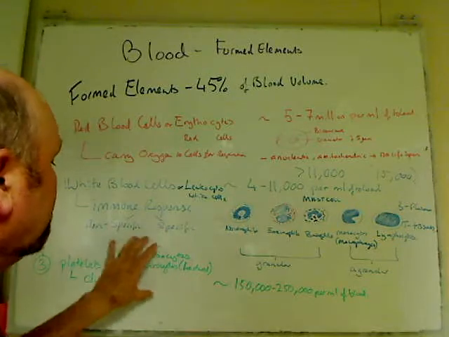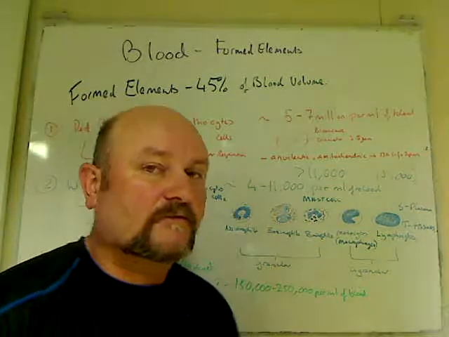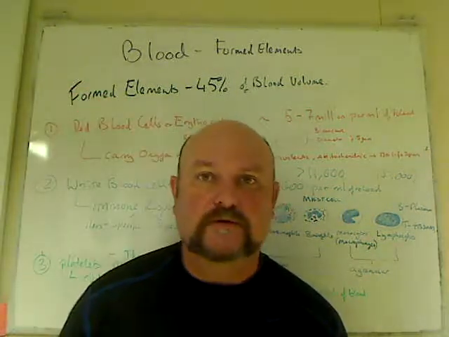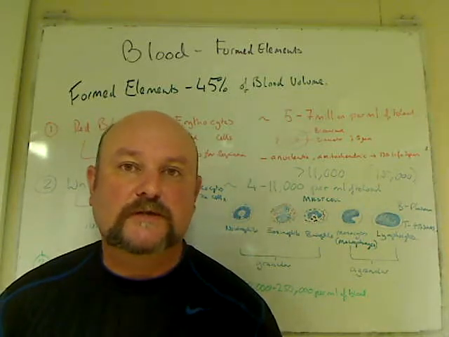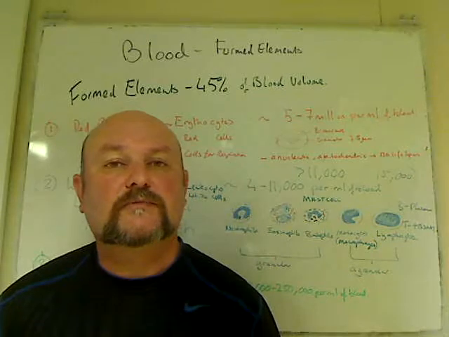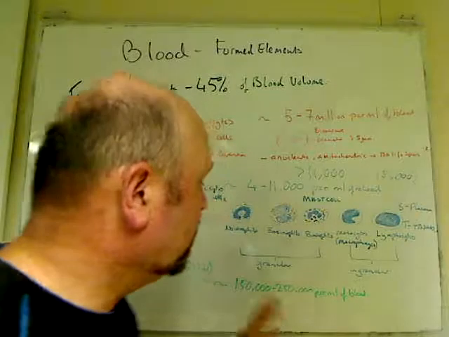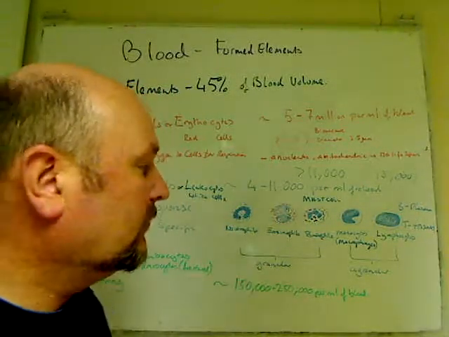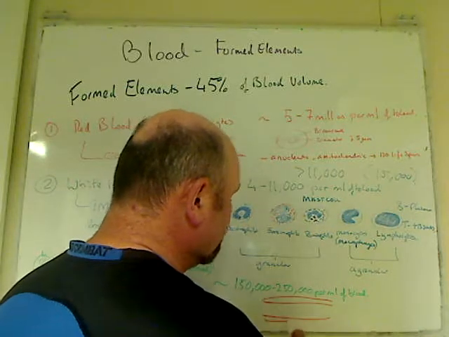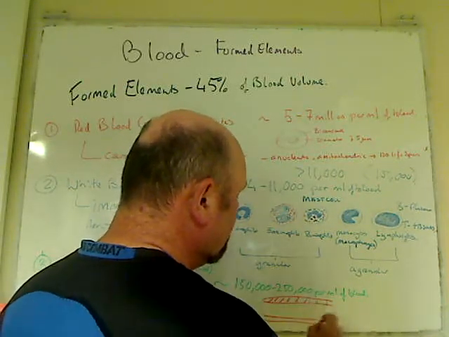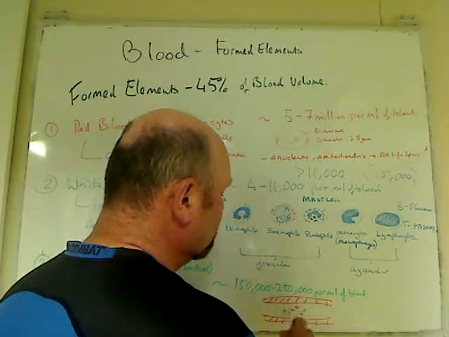Alright, so finally platelets, thrombocytes. Now the platelets are just fractions of cells, they're not a whole cell, they don't need to be, and they contain different chemicals that they release when they're exposed to foreign substances. The most common reason why this would happen is because of the blood vessel itself. If we draw a tube here, here's our blood vessel, and here are our red cells going through, and our platelets.